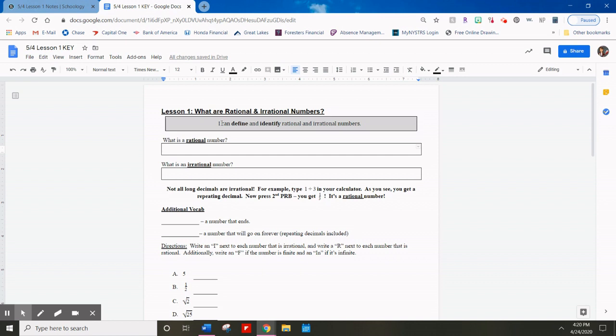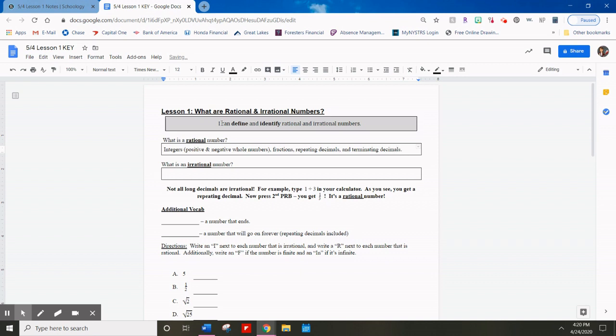So rational numbers are integers, and integers are positive and negative whole numbers. They are also fractions, repeating decimals, and terminating decimals.